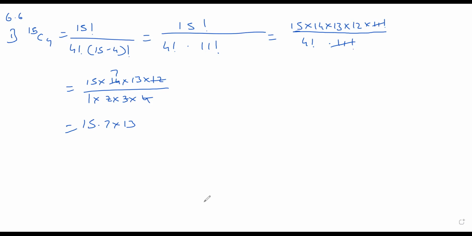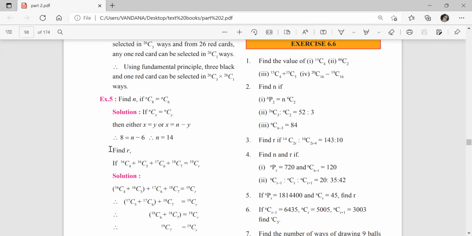So it will be 15 into 13 into 7, 1365. This is your answer. Like this, we can evaluate any number.